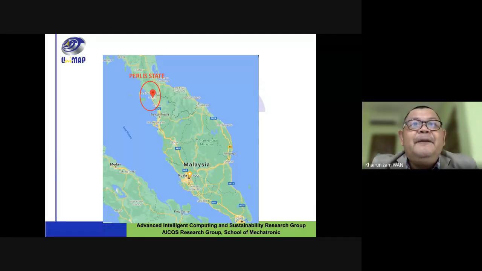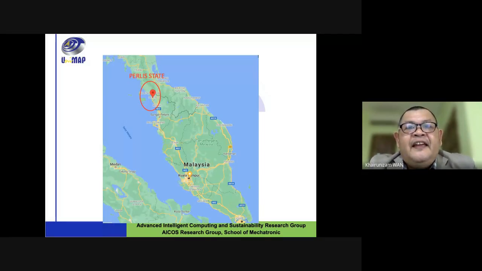I put a red circle there. This is our location in Perlis state. We border Thailand, in the north part of the peninsula.